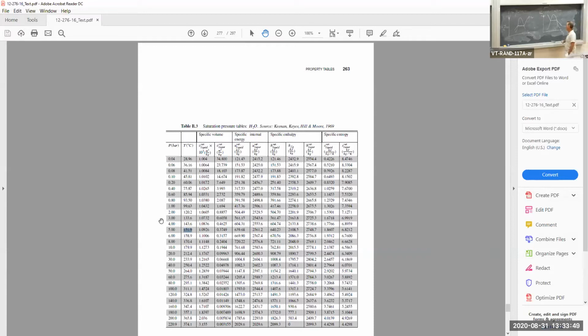Now, what is the boiling pressure at 151.9 degrees C? The answer is 5 bar. Tsat at 5 bar is 151.9 degrees C, but that also means that Psat at 151.9 degrees C is 5 bar.